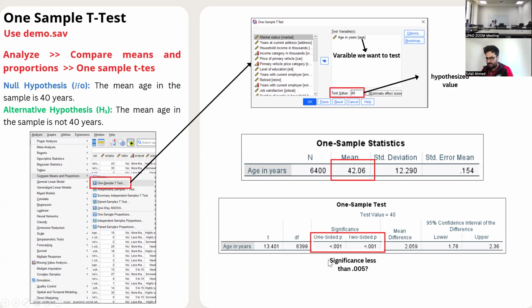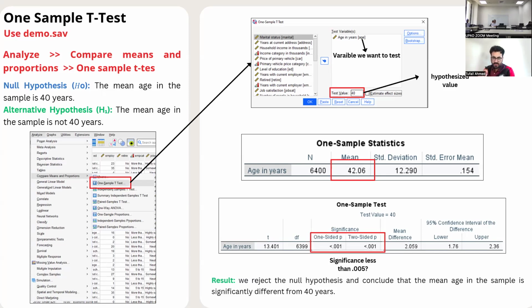Do we have enough evidence? In studies, the significance level should be 0.05. It means that I am 95% confident that the result I have is correct. So when you run the analysis, we can reject our null hypothesis based on the significance level. We reject our null hypothesis and conclude the sample mean is significantly different from 40.